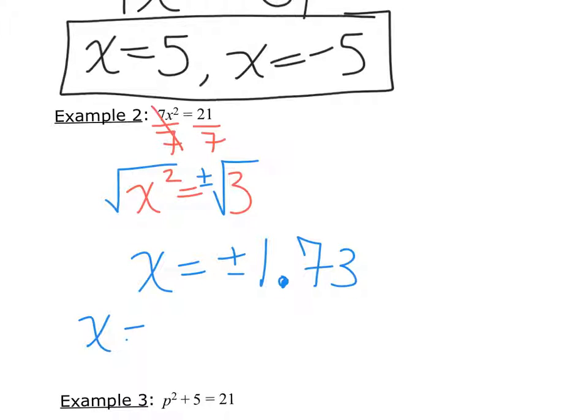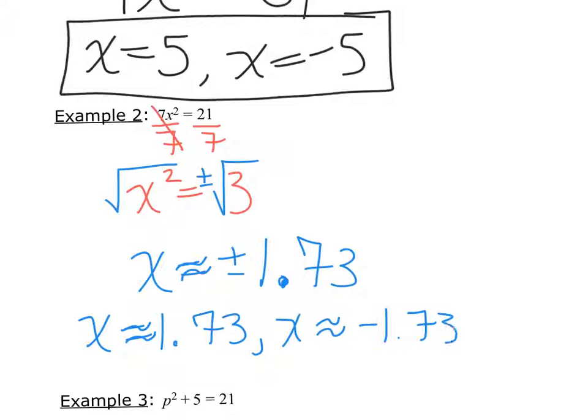So x, we're going to approximate to about positive 1.73. Let's say about negative 1.73. So that's much more accurate.